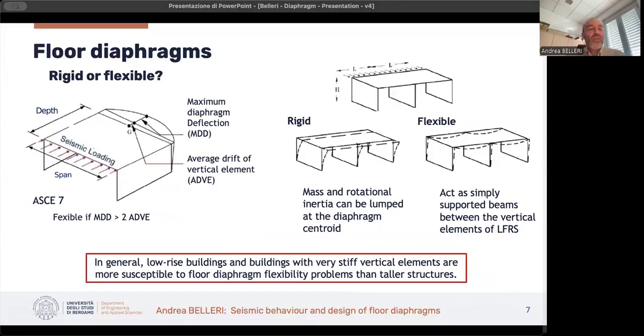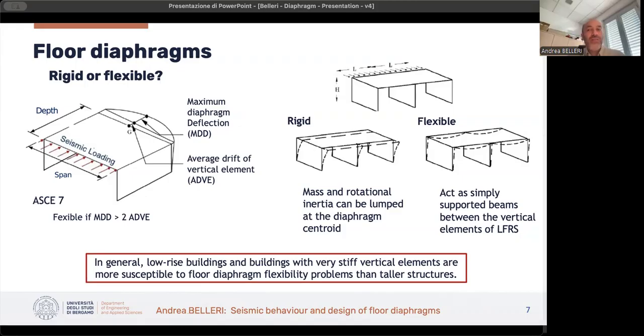Another issue related to diaphragms is associated with their flexibility. Why are we focusing on it? Different building codes provide different formulations to see when a diaphragm is rigid or flexible. If a diaphragm is rigid, we can model it as a rigid floor, and we can lump all the mass and all the rotational inertia at the diaphragm centroid.